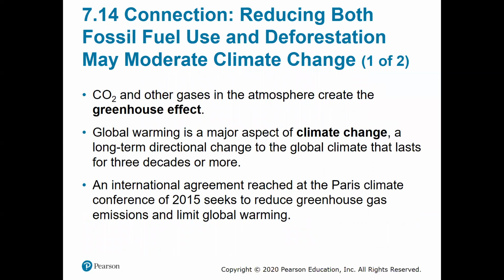But then let's also think about what would happen. Is there a way to actually help remove CO2? Yes. So one of the benefits of plants using carbon dioxide in photosynthesis is that, yes, with more plants on the planet, more plants there to use CO2, the more that they can help take CO2 out of the atmosphere and reduce the greenhouse effect.